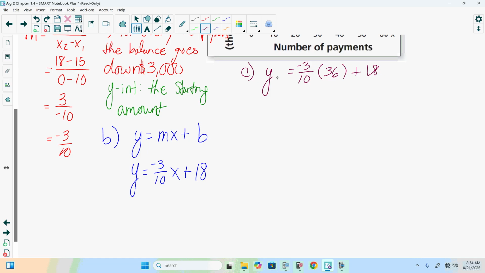So after 30 payments, we're less than what we started with, yes? Out of 18, we should be at 9,000 because we took 9,000 out. With 6 more payments, we know we're not going to be at 12. We're not going to take 12 off. We're not going to get down to 6. But I know that whatever the amount is should be between 9 and 6, yes?